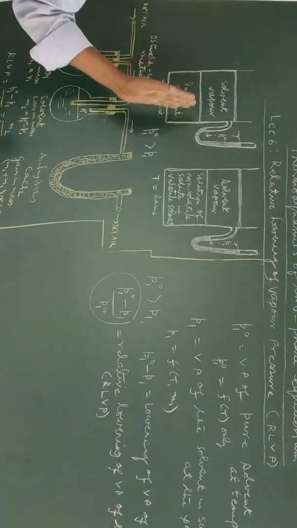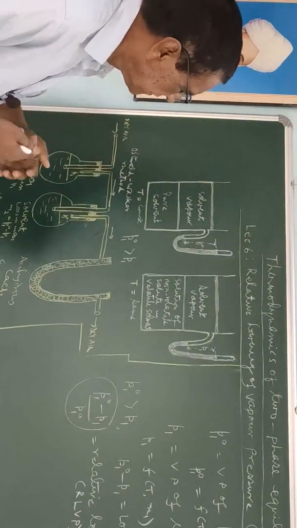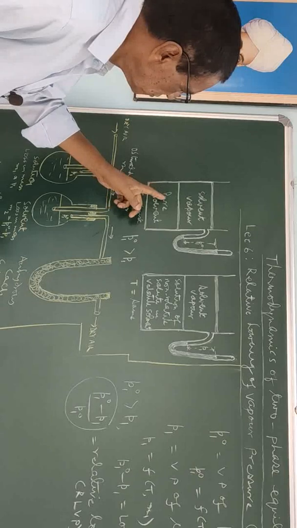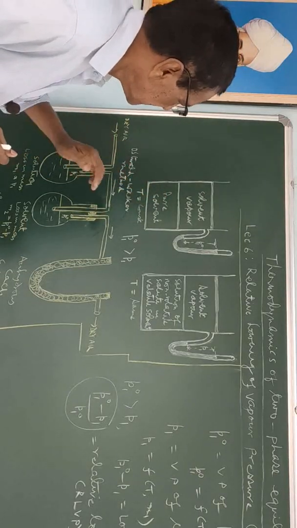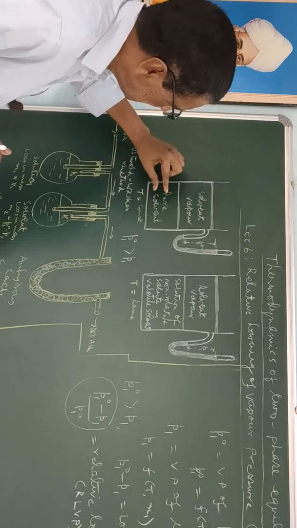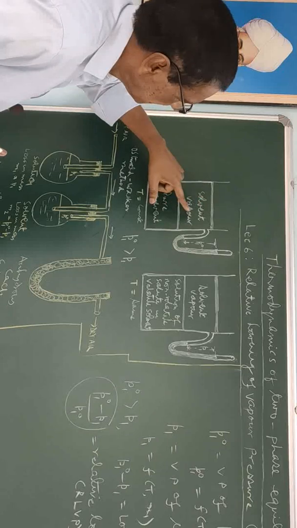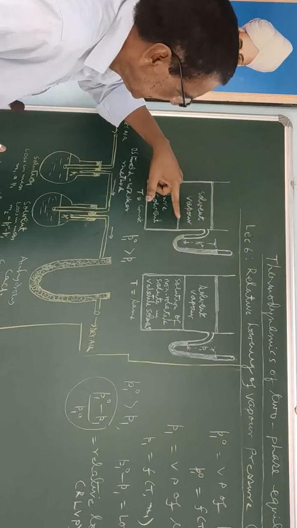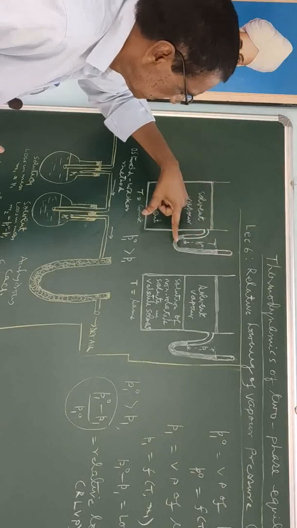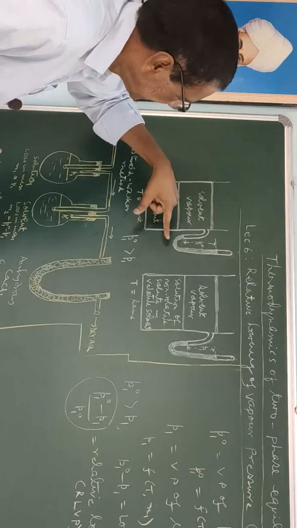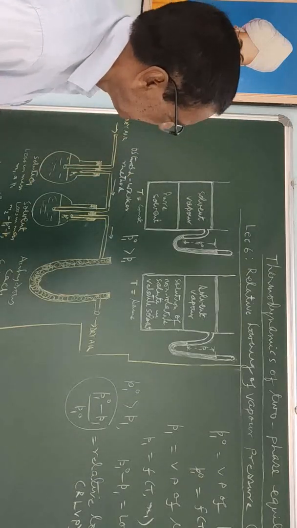In this figure, this is the closed evacuated vessel in which the pure solvent has been taken at this temperature T. At this temperature some amount of the solvent is vaporized and the vapor pressure is created, and the vapor pressure is determined by means of a manometer set in this container.